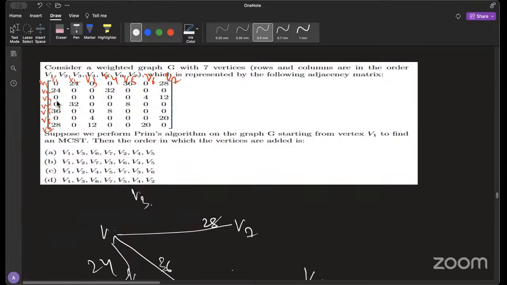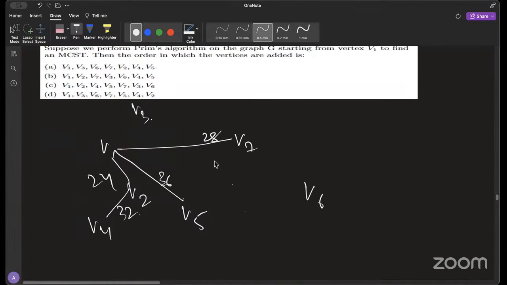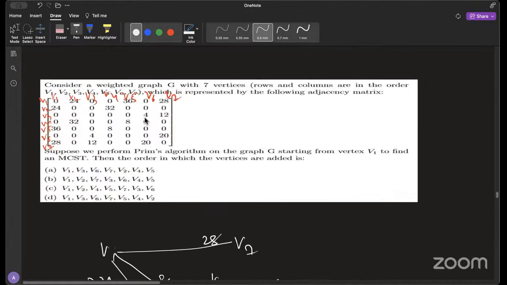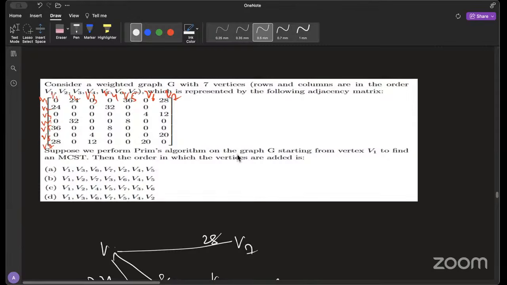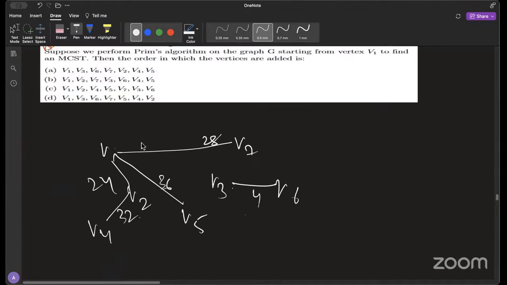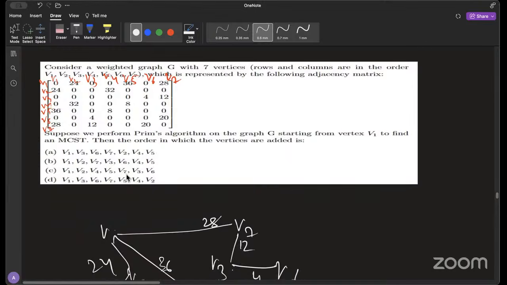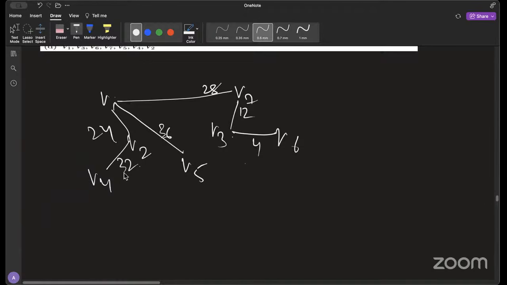Then from V3 to V6, it's 4. And V3 to V7, it's 12. Then from V4 to V2, that's already done. And from V4 to V5, we have 8.